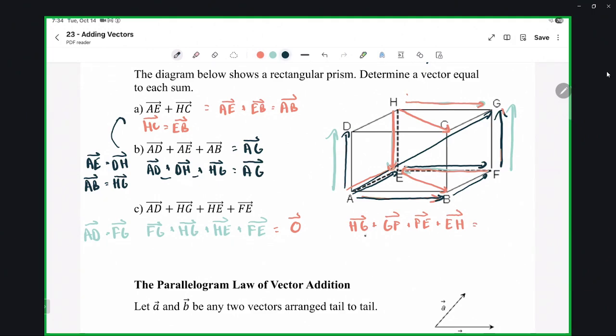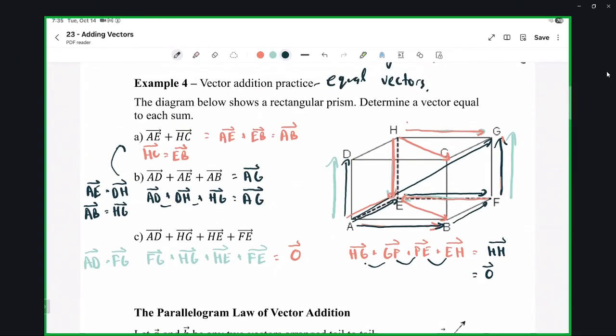So we end at G, begin at G, end at F, begin at F, end at E, begin at E. This is the same thing as vector HH. And so this is vector 0. So if you're beginning somewhere and then told not to move, that means you have the 0 vector.